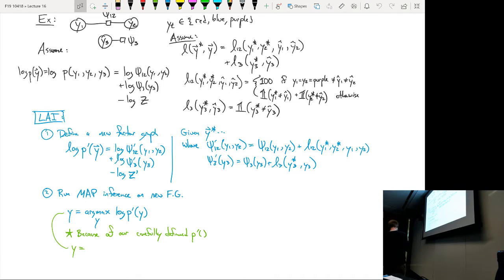And this is the solution to the loss augmented inference problem.